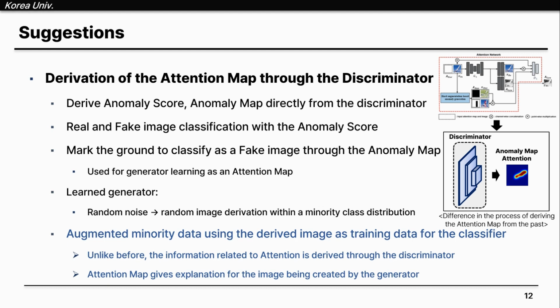Accordingly, unlike the previous one, attention-related information is derived through the discriminator. In addition, the derived attention map is capable of giving an explanation for the images currently being generated by the generator.